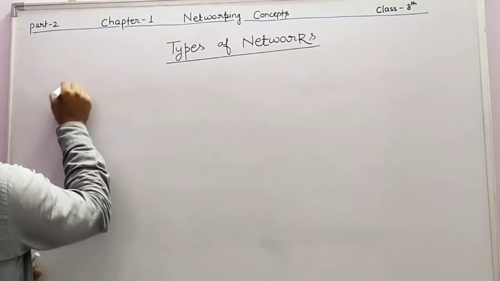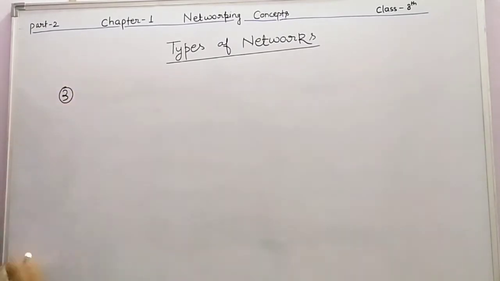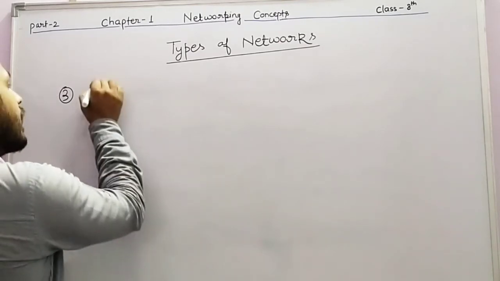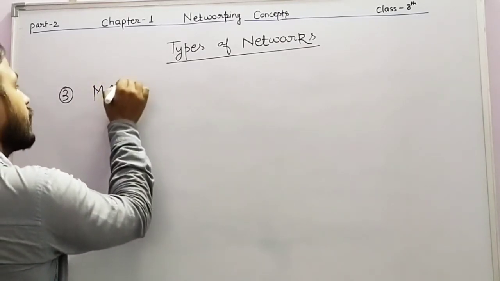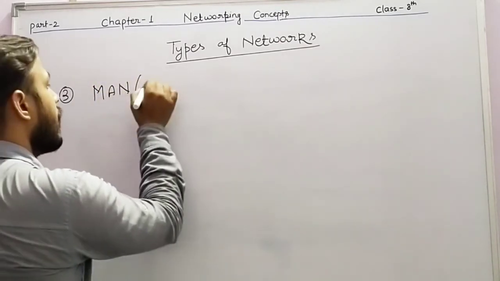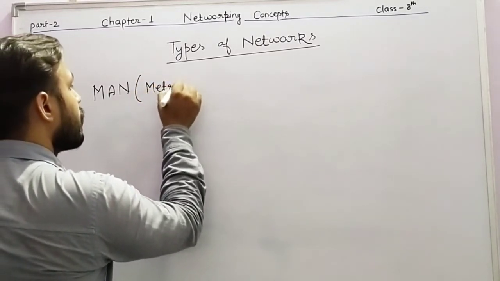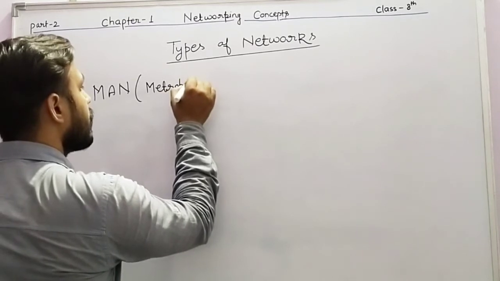The third type of network is metropolitan area network, that is MAN. In short, we say MAN, and the full name is Metropolitan Area Network.